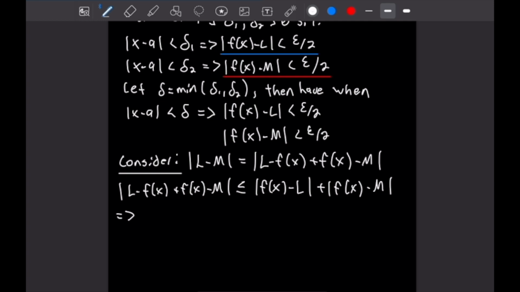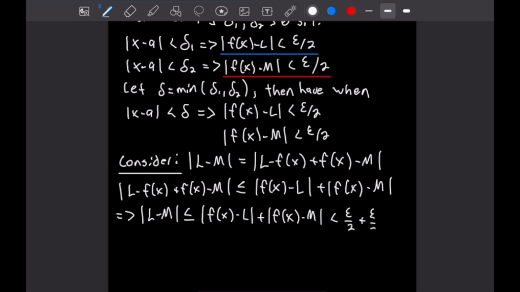Well, we have that the absolute value of L minus M is less than or equal to the absolute value of f of x minus L plus the absolute value of f of x minus M, which is strictly less than epsilon over 2 plus epsilon over 2, which is equal to epsilon.